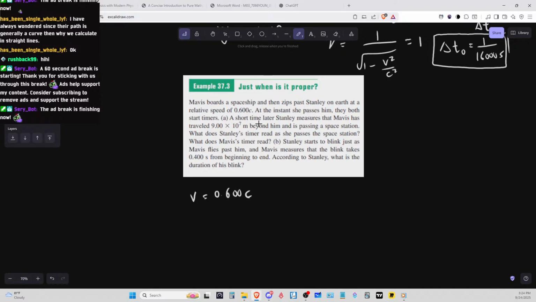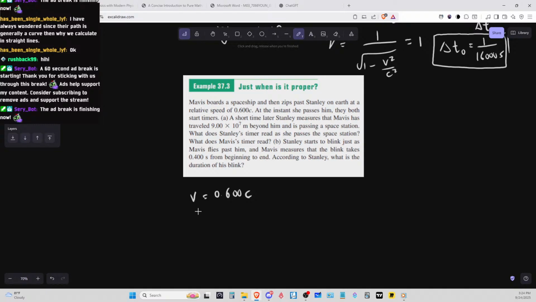A short time later, Stanley measures that Mavis has traveled 9 times 10 to the 7th power meters beyond him and is passing a space station. What does Stanley's timer read as she passes the space station?